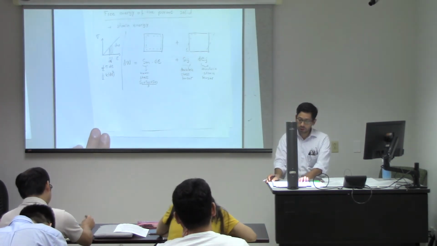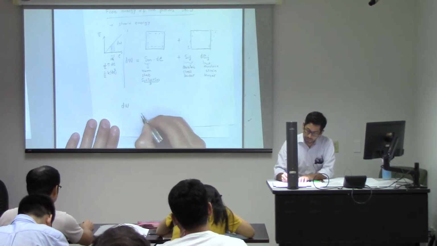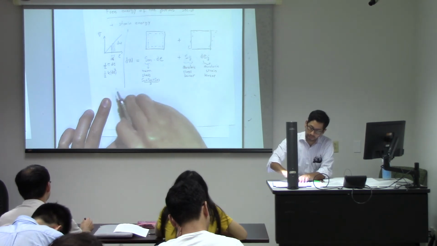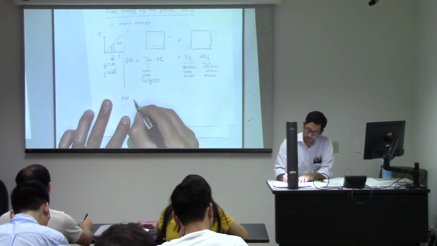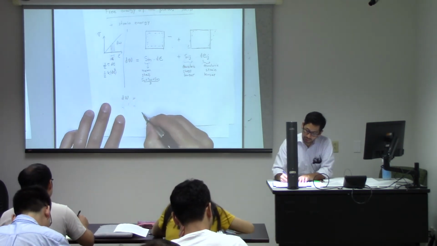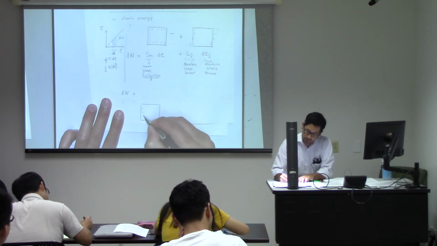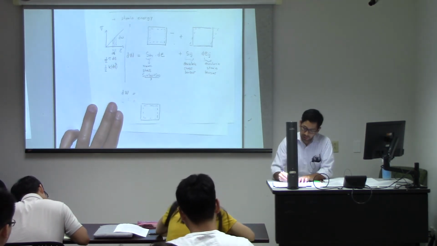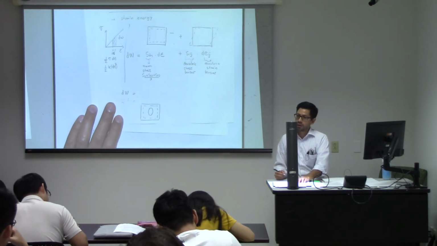In a solid with pores, let me move this one up so I have space. Very similar to the one before, we're going to have a component which is volumetric, and that's going to be a pore, okay, just one pore, just to keep it simple.